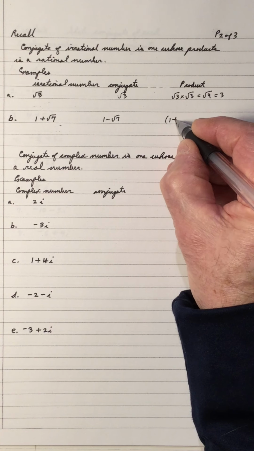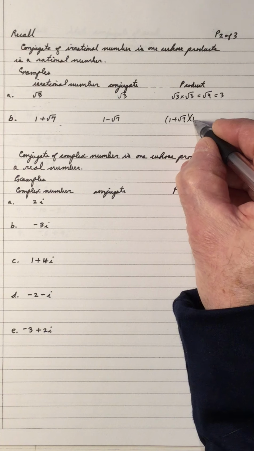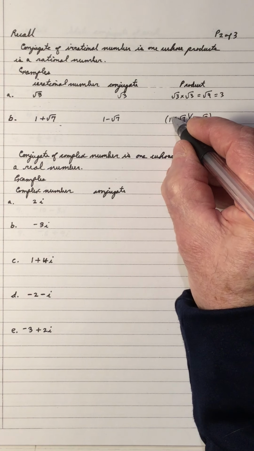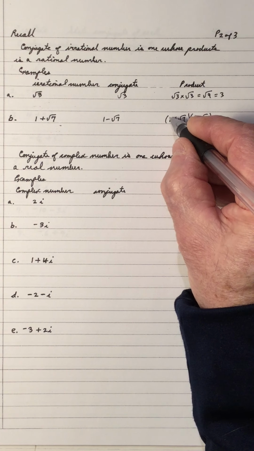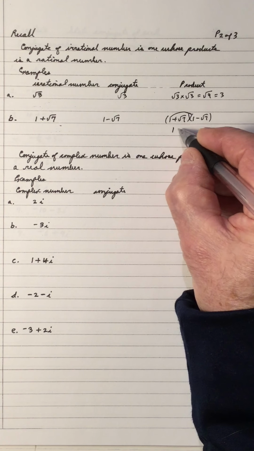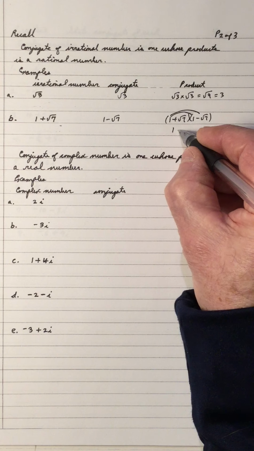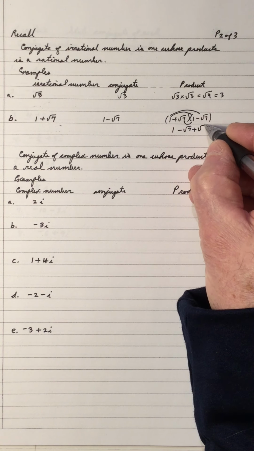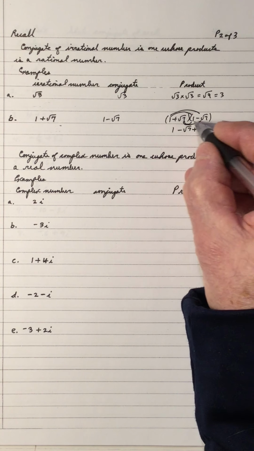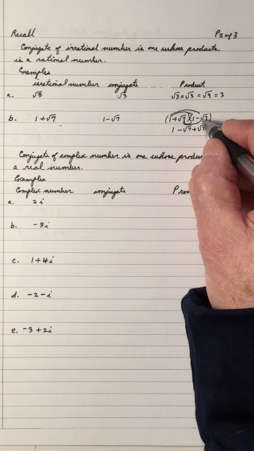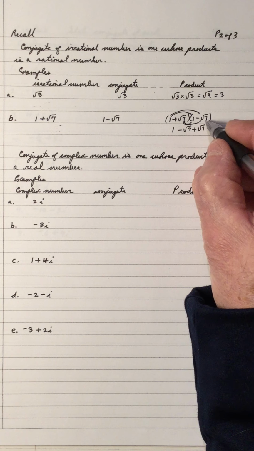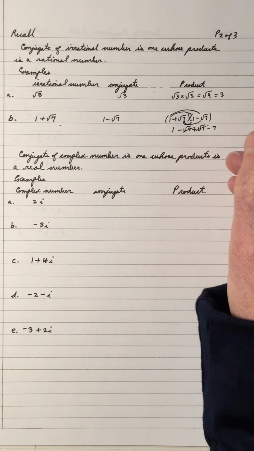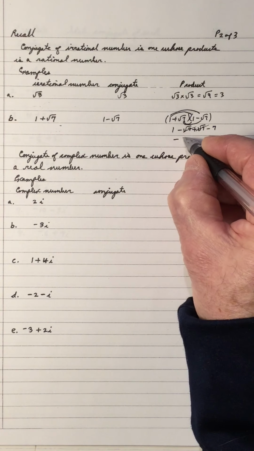And the product of 1 plus root 7 times 1 minus root 7, if you do FOIL: first, outside, inside, last. A negative times a positive is a negative, and root 7 times root 7 is 7, so the root 7's cancel out, and you get a negative 6.